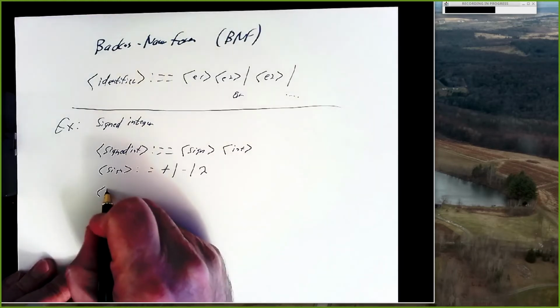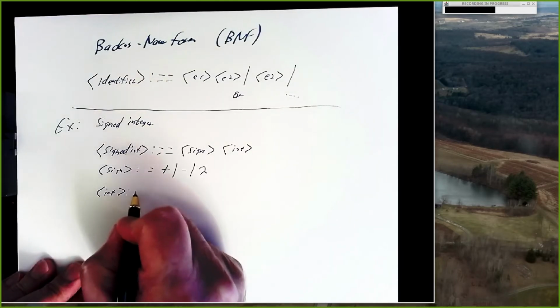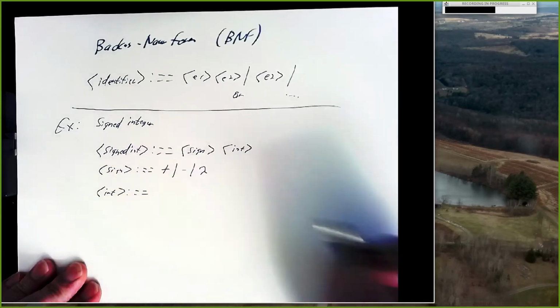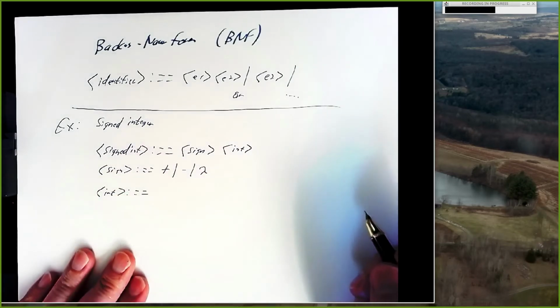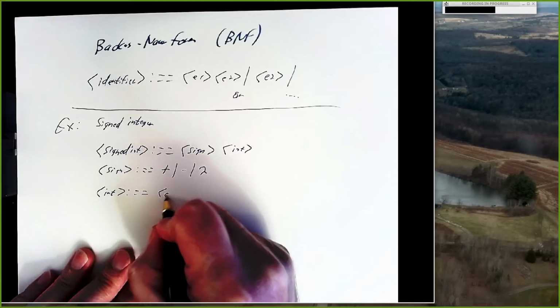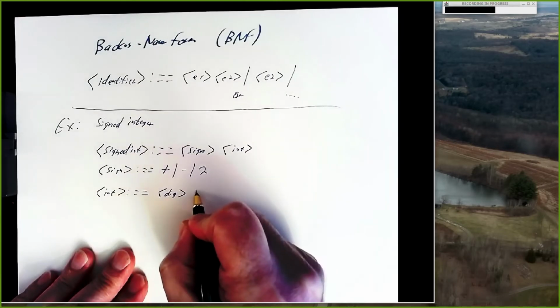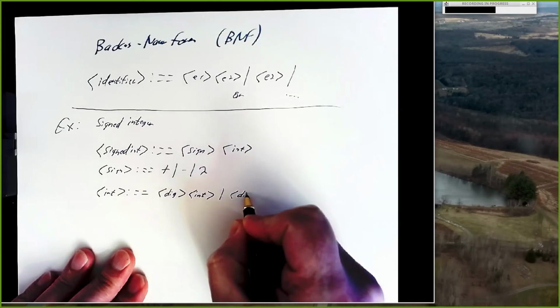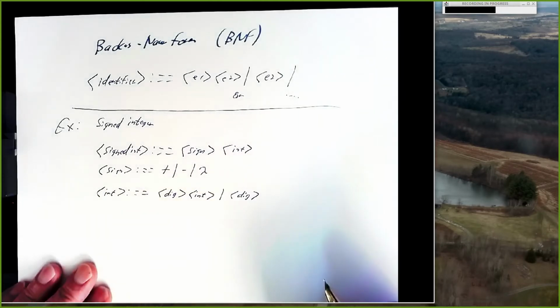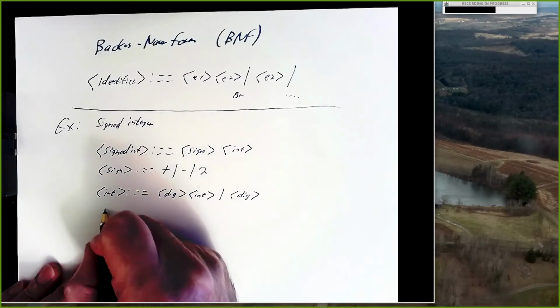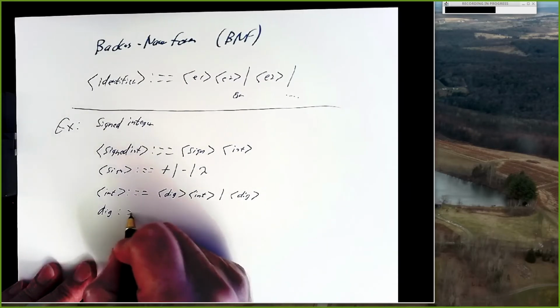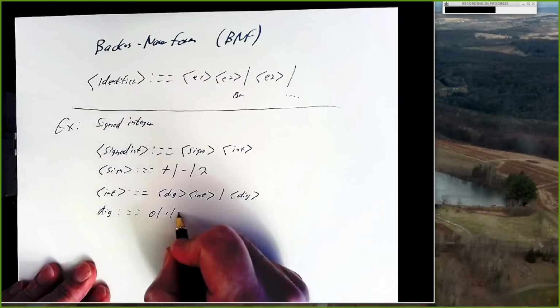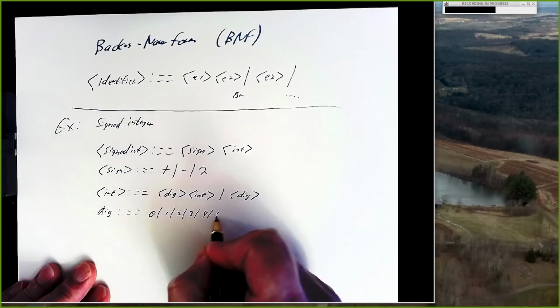And an int is defined to be either a digit followed by an int or just a digit. And a digit is defined to be a 0 or a 1 or a 2 or a 3 or a 4 and so on.